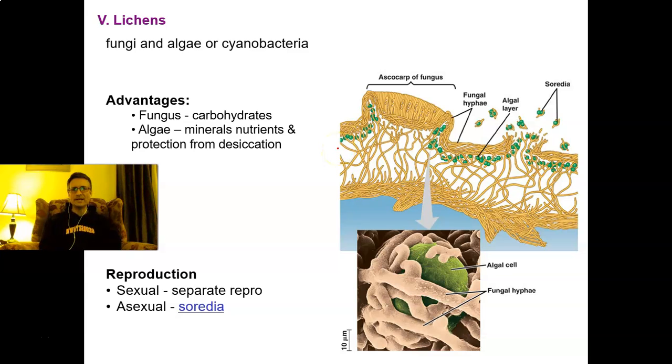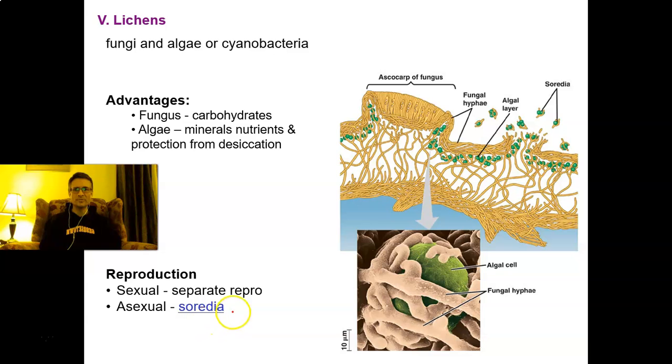If we take a look at the fungus and look at it in cross-section, we can see the fungal hyphae forming dense mats at the barrier. We can also see our algal cells mixed with the fungal hyphae. And so this mixing of the algal cells and the fungal hyphae give rise to the reproductive structures, at least the asexual reproductive structures of our lichen.